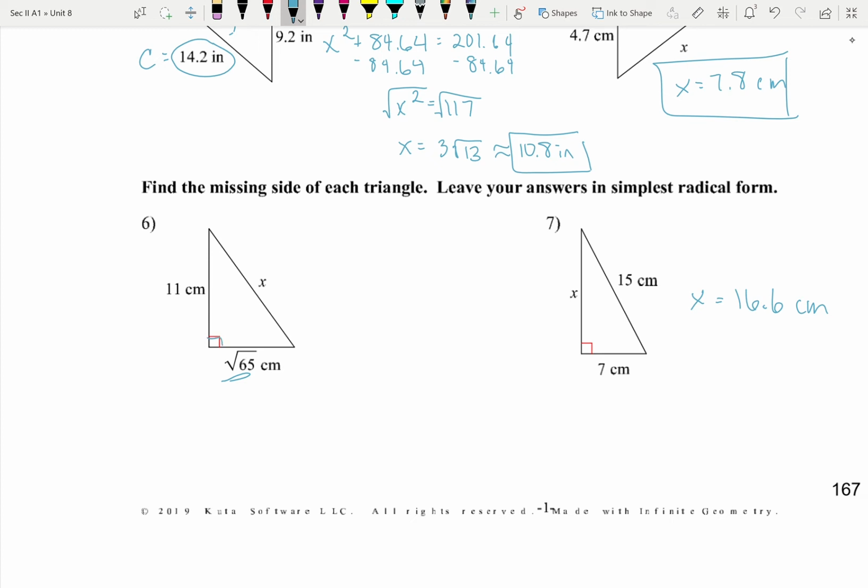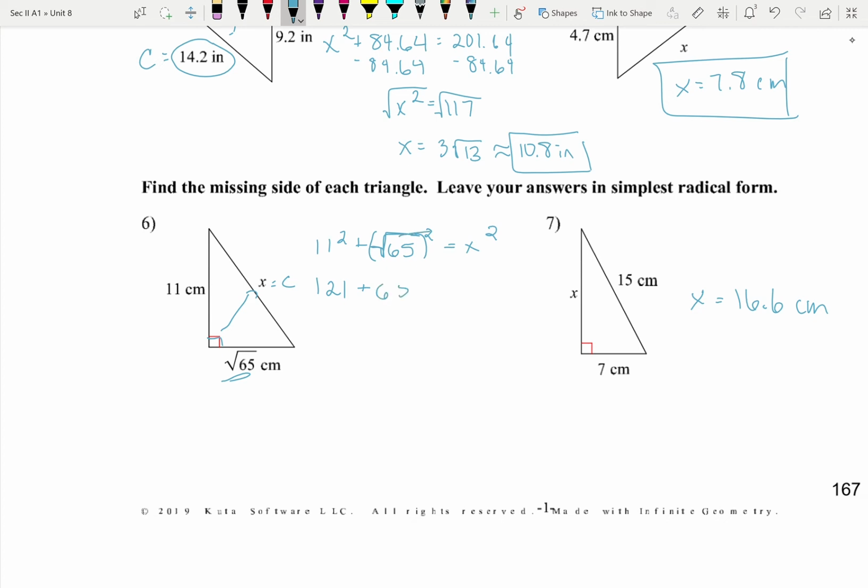So again, my hypotenuse directly across from the right angle is C. So I get 11 squared plus the square root of 65 squared equals x squared. 11 squared is 121. Now when I put in the square root of 65 squared, what happens is these two, the radical plus the exponent, just cancel each other out.